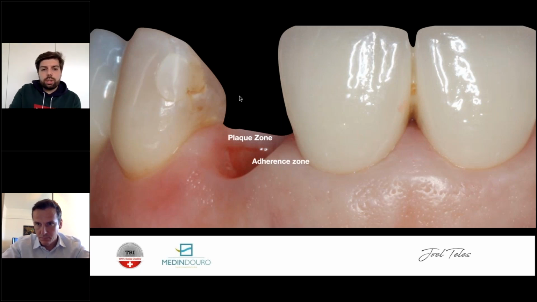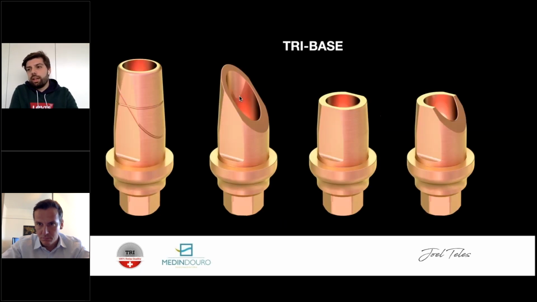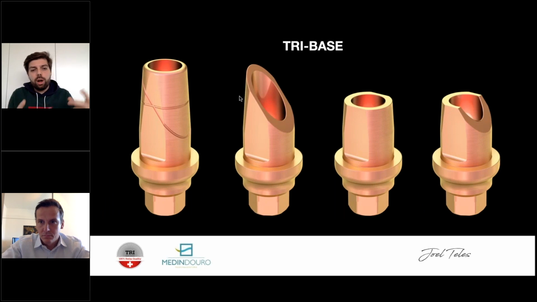So I was in his first ever course, and at the point we were discussing the tie bases, because we all had the same problem, decementations and therefore fractures, once we were dealing with monolithics or zirconium frames over tie bases. At the moment, I couldn't understand why this was happening to me, and I could see that this was happening to a lot of people as well. And he explained this to me perfectly, because he had done a bunch of tests, and two things were happening to everybody.